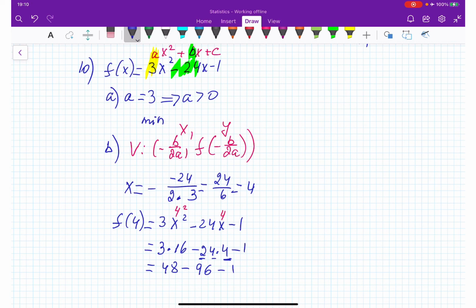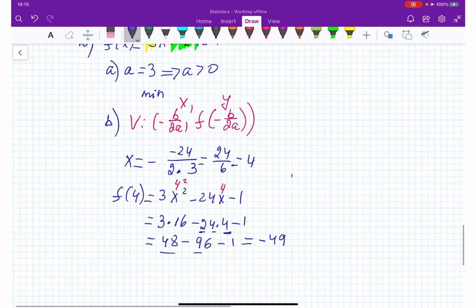So 48 minus 96 is negative 48, and negative 1 gives negative 49. So the vertex is going to be (4, negative 49).